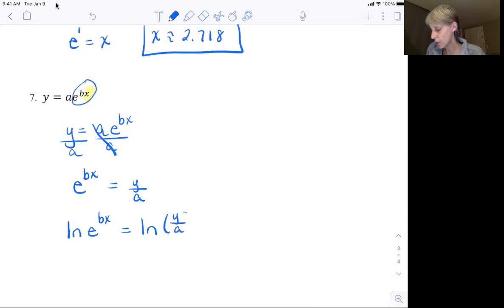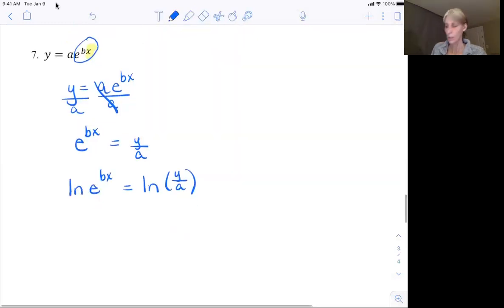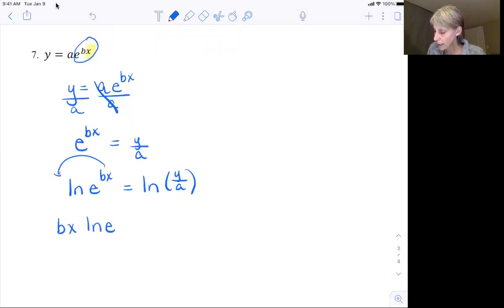It's just like with numbers. Bring that power down in front. bx ln e equals ln of y over a. That ln of e, remember your property, is just 1.